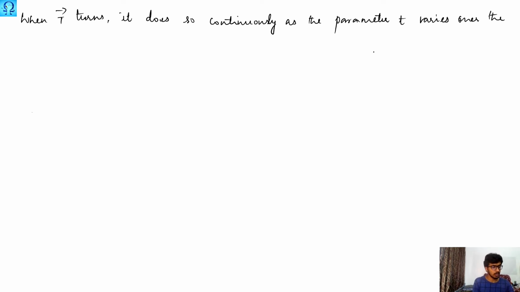What they are trying to say here is that when the value of the parameter t changes over the given entire interval, your unit tangent vector just turns. The interval that we have considered here is the open interval a comma b. This is the same thing that we have learned in the course on calculus.